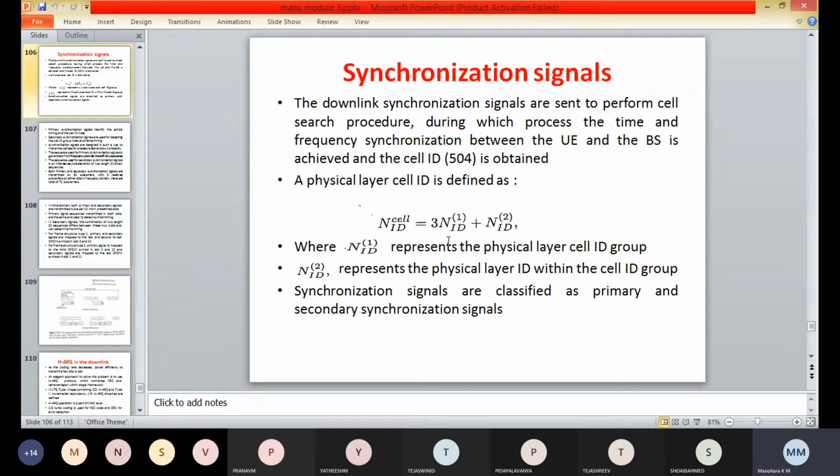So here there are a total of 504 unique physical layer cell IDs which are grouped into 168 physical layer cell ID groups.